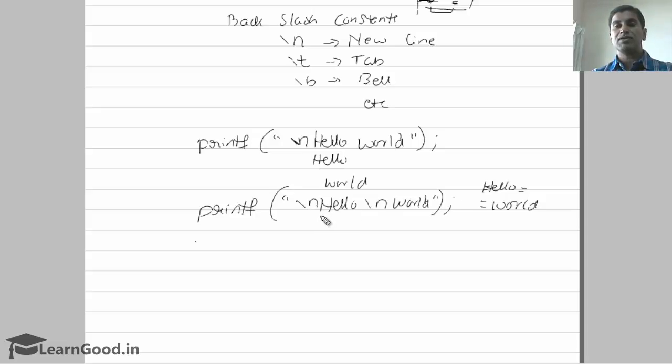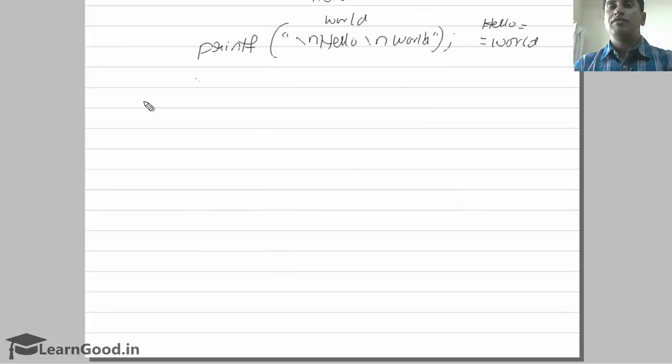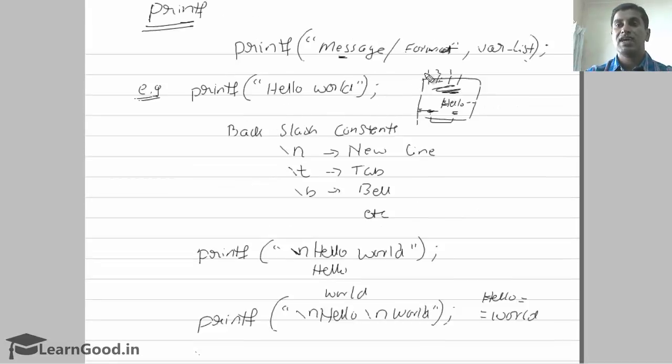Now we'll see how to display an integer value or float value or double value, because this printf function can be used for displaying any type of value. If you want to display any type of value, you have to use the format. So in the syntax we have the format, and you have to mention the format and the variable list.